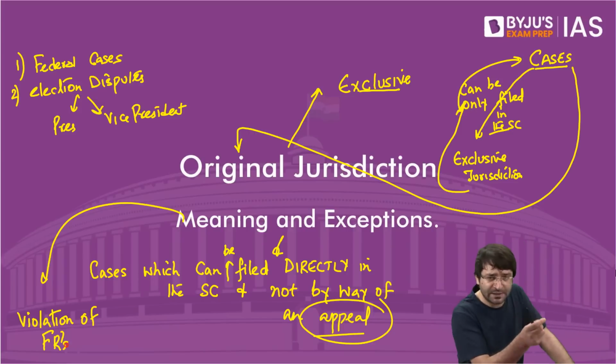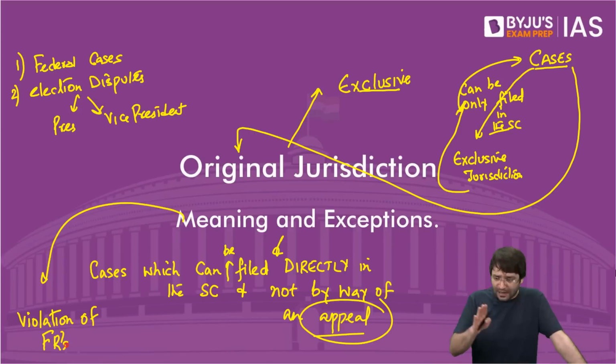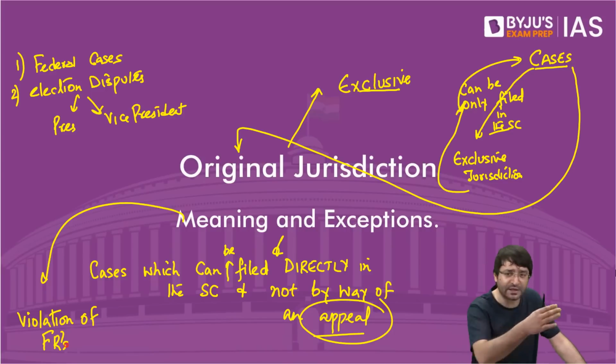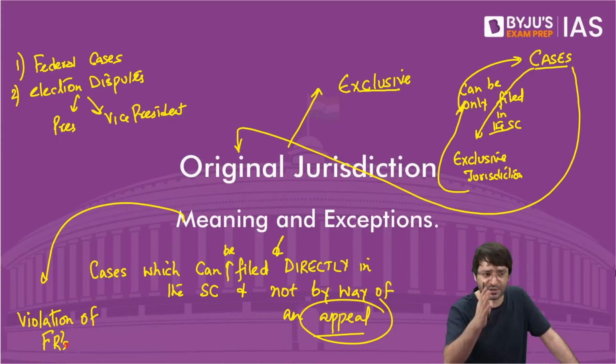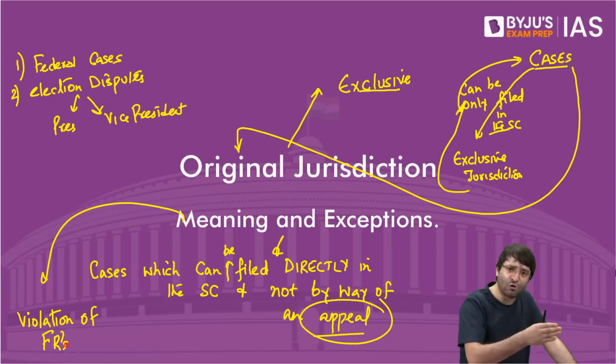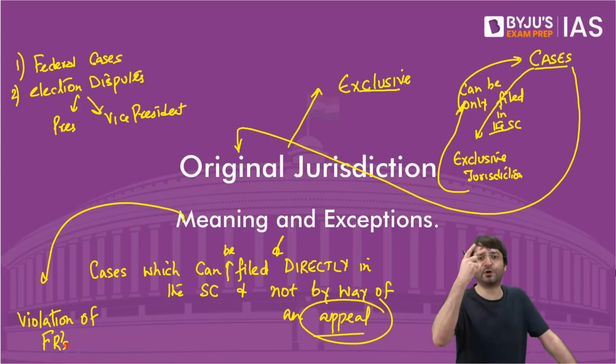If your fundamental rights are violated, you can directly approach the Supreme Court under Article 32 of the Constitution, called Right to Constitutional Remedy. And by this, Supreme Court will issue various writs, habeas corpus, mandamus, prohibition, certiorari, quo warranto, and protect and uphold your fundamental rights.